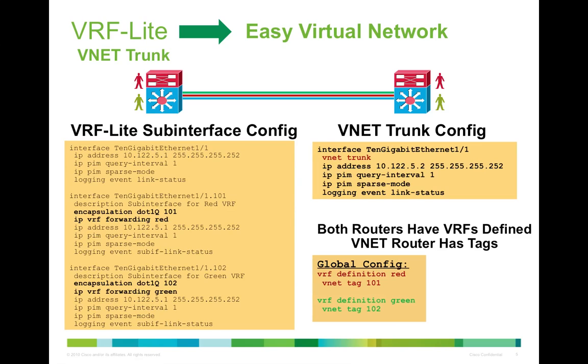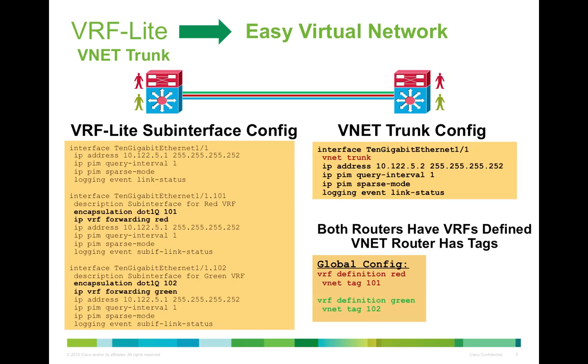To the right, we see the EVN configuration. What's different is in our global configuration, we define our VRFs, and here is where we assign our 802.1q tag. It is assigned to the global VRF definition, called a VNet tag, and the VNet tag number corresponds to what the subinterface number would be in a VRF-Lite configuration.